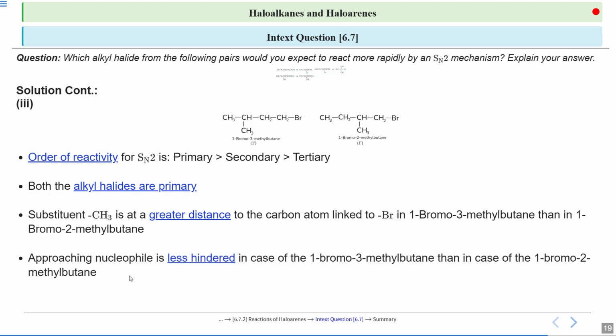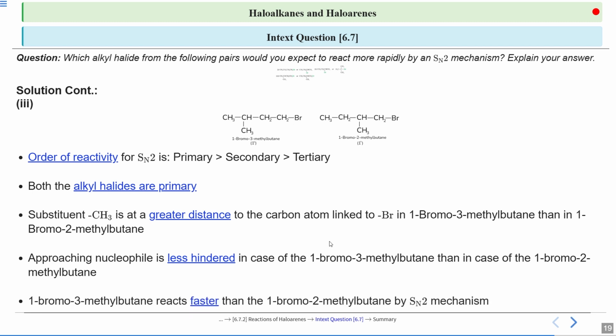So the approaching nucleophile is less hindered in 1-bromo-3-methylbutane than in 1-bromo-2-methylbutane. So 1-bromo-3-methylbutane will react faster than 1-bromo-2-methylbutane by the SN2 mechanism due to the lesser steric hindrance.